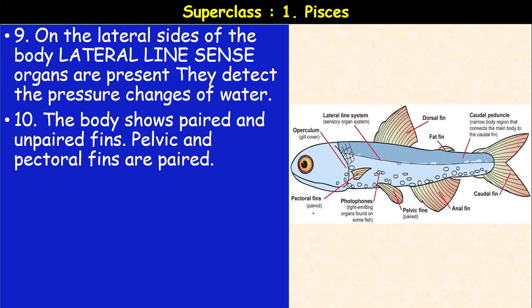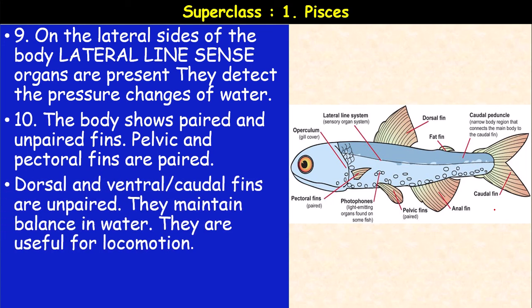The pectoral fins are paired fins, and the pelvic fins are also paired fins. Whereas anal fin and caudal fin are not paired fins. Dorsal, ventral and caudal fins are unpaired fins. They maintain balance in the body and they are useful for locomotion.